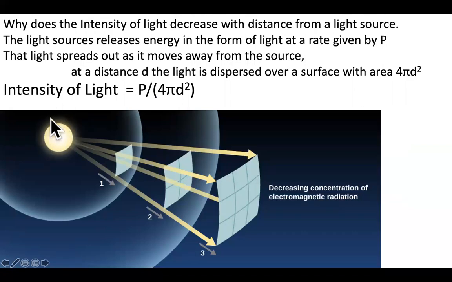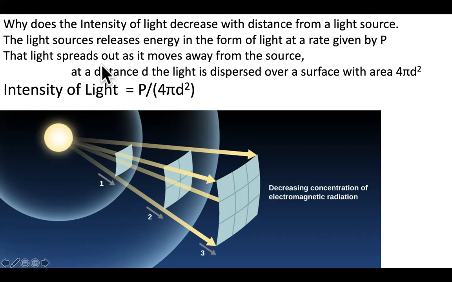It is releasing a certain amount of energy every second in the form of light. That can be written in terms of a power, which we'll call P. That light then goes off in all directions. Some of it heads up, some of it heads down, some of it heads to the left, some of it heads to the right. Now, as that light goes out, it spreads out. That energy gets dispersed.